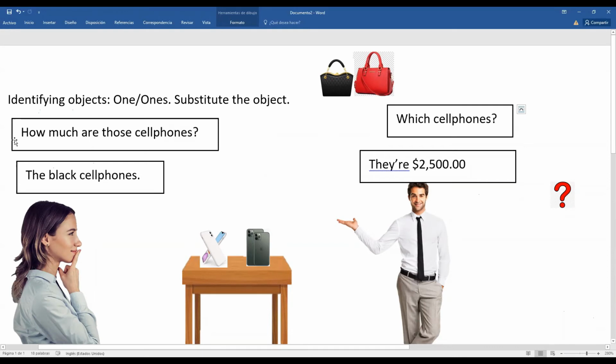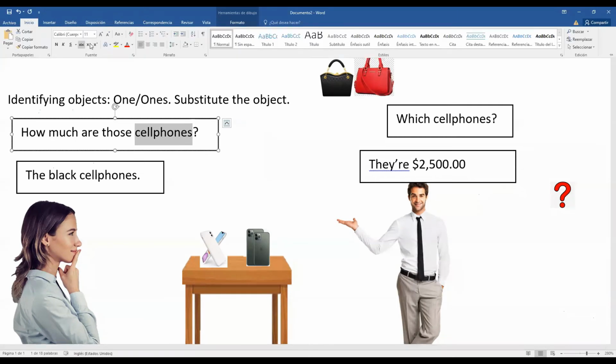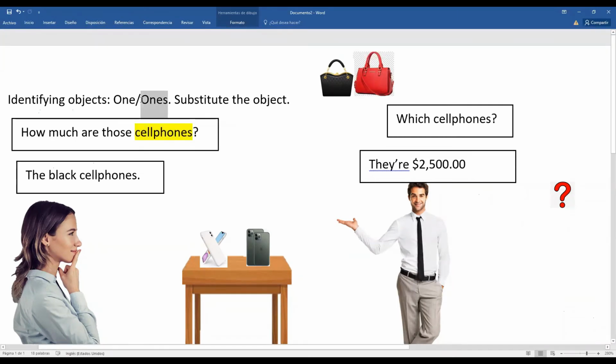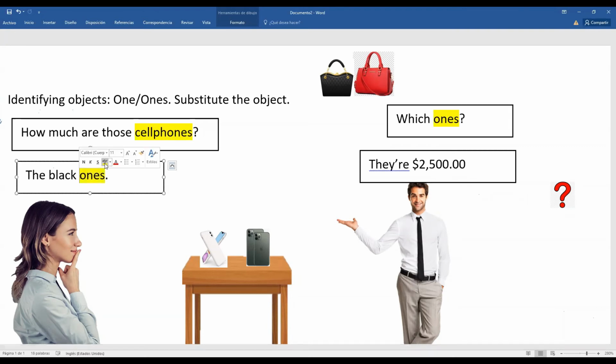You can substitute the name cell phone with ones in this case because it's plural. So you can say which ones, and then you know we're talking about cell phones. When you say which ones, it's like which cell phones, but you already have the idea that we're talking about cell phones. And then here, the black ones. What is one? The cell phone.